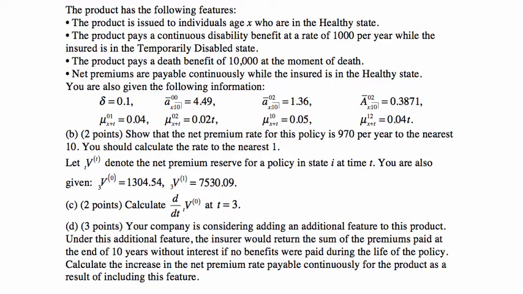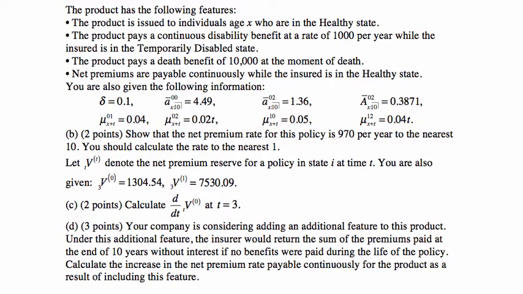Notice that this is actually not a very simple annuity to calculate, because it includes cases where the person continuously survives for 10 years, being healthy, but it also includes the cases when the person becomes disabled and then comes back to becoming healthy, and then this kind of annuity would resume payment at that moment, pay as long as the person is healthy, and then stop again if the person becomes disabled. Now, if the person dies, the annuity stops, of course, and it doesn't resume because the death state is absorbing.